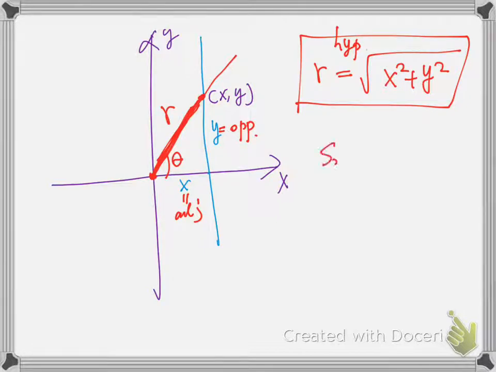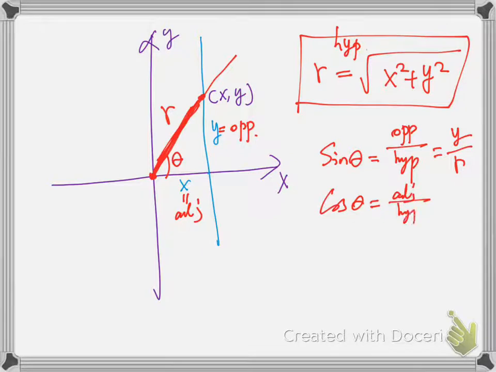So now we can use the definition of trigs in the right triangle. What is sine theta? It is opposite over hypotenuse, so it is y over r. Cosine theta is adjacent over hypotenuse, so it is x over r. And tangent is opposite over adjacent, so this is y over x.